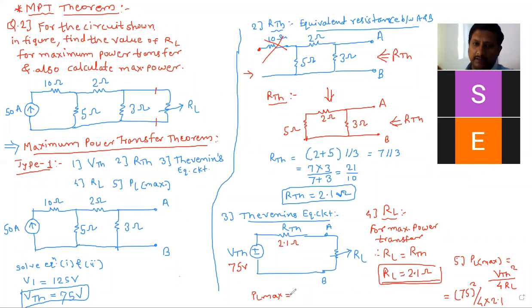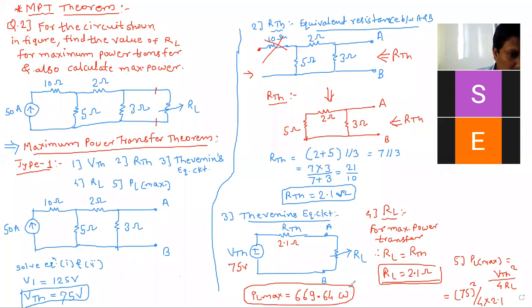What did you get in the calculation? 669. Yes, correct. 669.64 watt. The unit of power is watt. 669.64 watt.